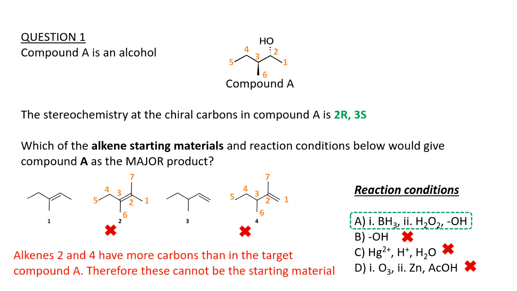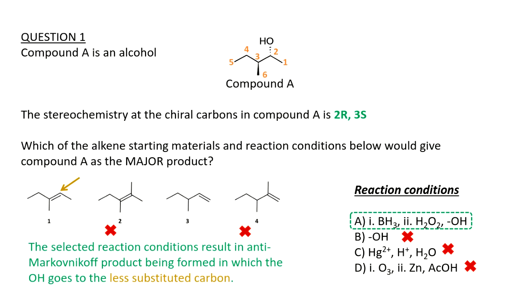If we want to add water across the alkene using the borane followed by hydrogen peroxide, it means that the reaction is going to go in such a way that the OH will go onto the carbon that is least substituted. So we are effecting an anti-Markovnikov product here.